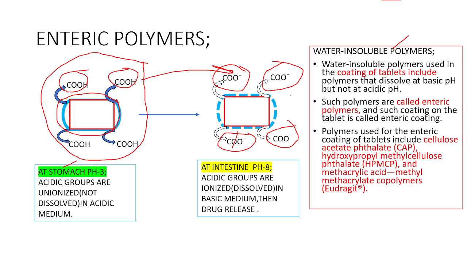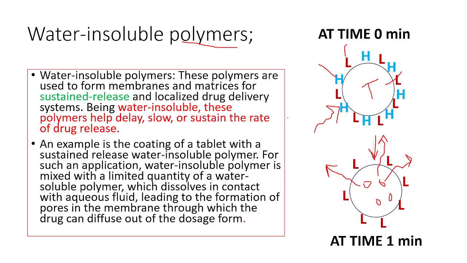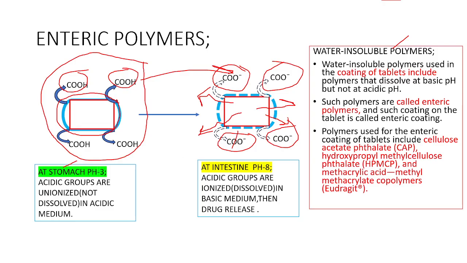Once the polymers are dissolved, slowly the release of the drug from that particular formulation will take place. Hence, water insoluble polymers will act as enteric polymers and are also used for sustained release novel drug delivery systems.